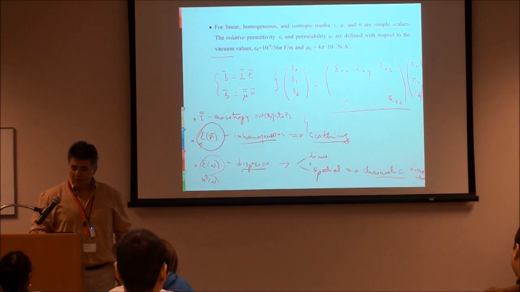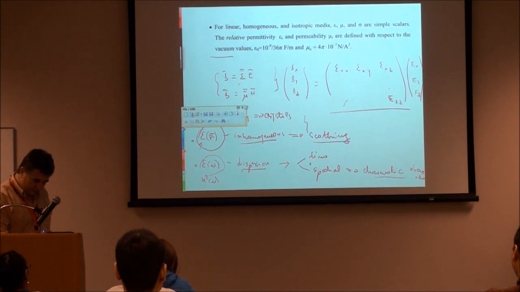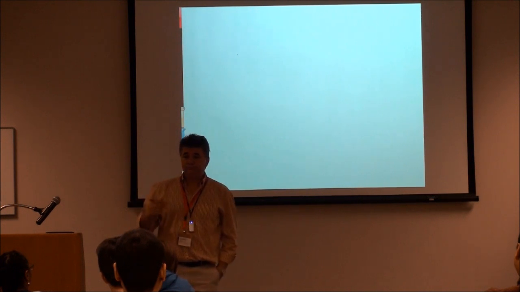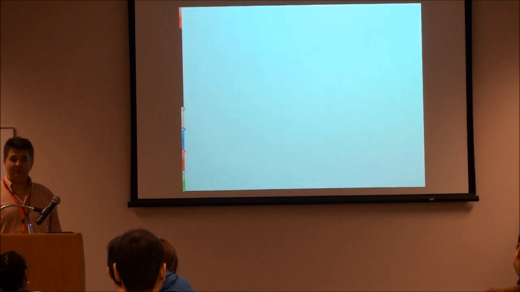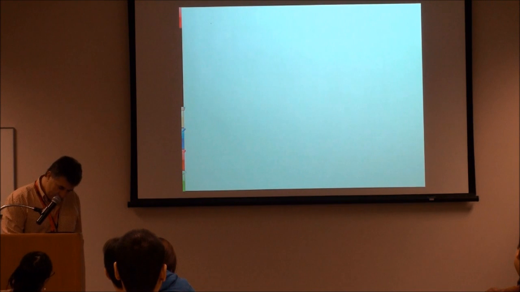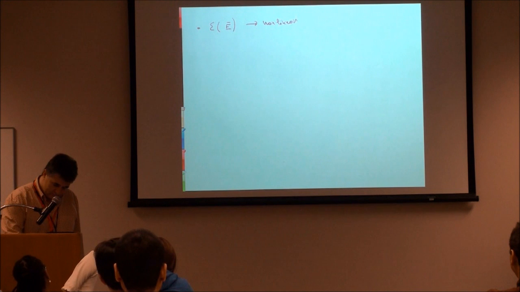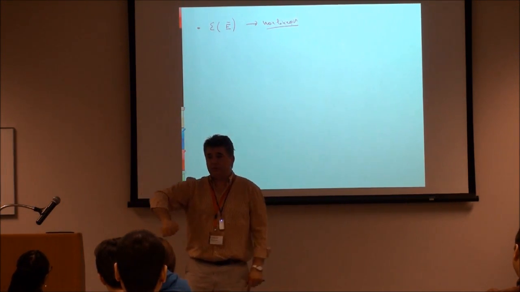Thank you. Okay, one last thing. What else can we have? We kept talking about linear systems. How about nonlinear system? What does that mean? It means epsilon is a function of E. Like we said in the beginning, I turn up the power of the laser.